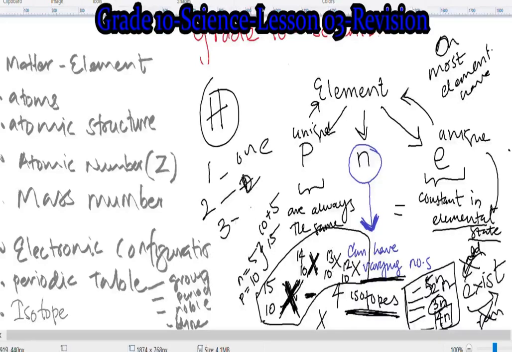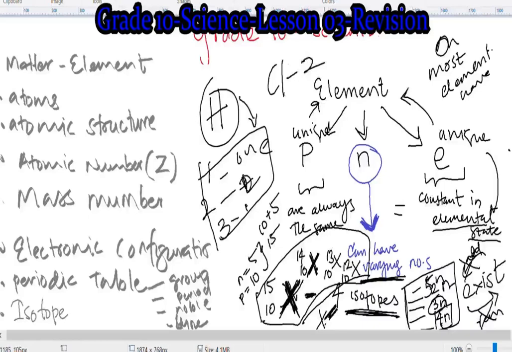And tri is 3. According to that, they have named it, and that is isotopes. Most of the elements have isotopes. Chlorine has 2 isotopes. Hydrogen has 3 isotopes. Likewise, they have a particular number of isotopes, and those are the only isotopes that ever exist. Like how we saw that X has 4 isotopes, hydrogen has 3 isotopes, and chlorine has 2 isotopes. This is the only thing that can ever exist. Alright, so that was isotopes.